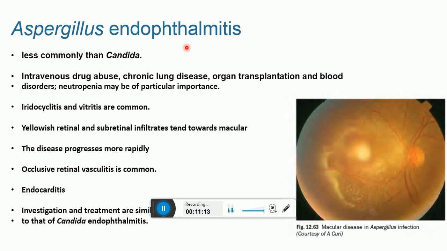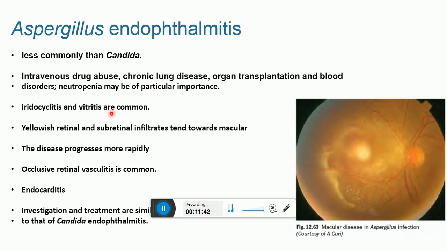Aspergillus endophthalmitis. Aspergillus species are common environmental fungi but cause disease in humans less commonly than Candida. Spores undergo airborne spread, and risk factors for infection include intravenous drug abuse, chronic lung disease, organ transplantation, blood disorders, and neutropenia.